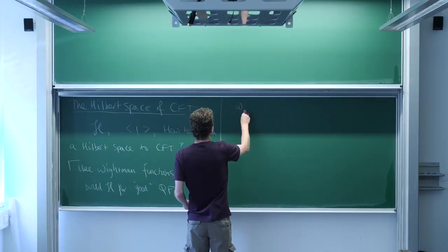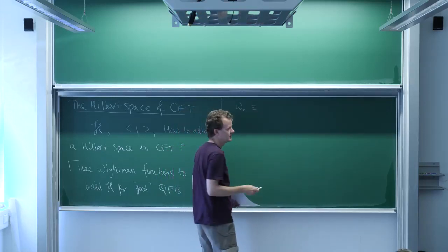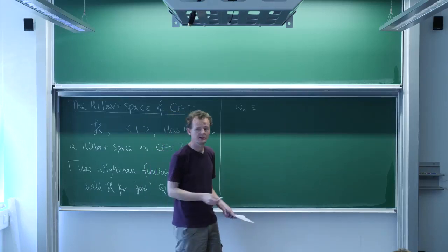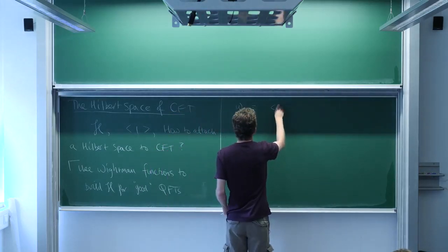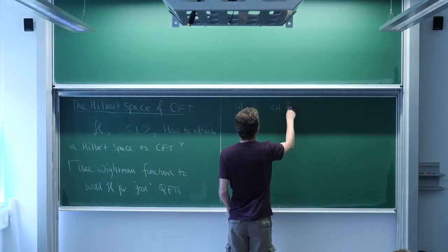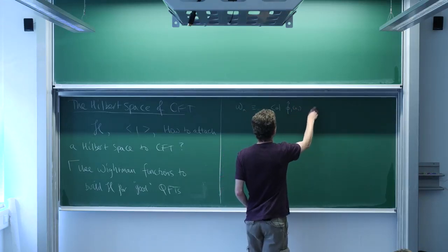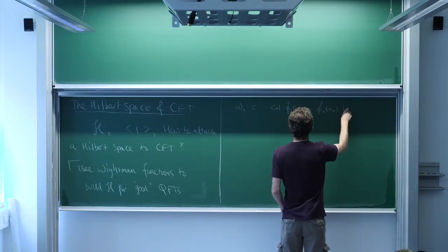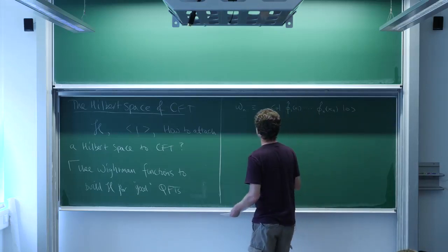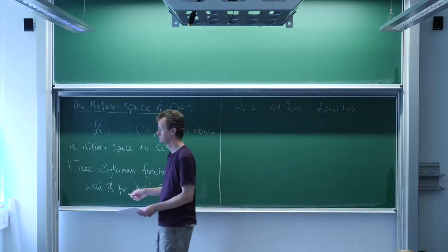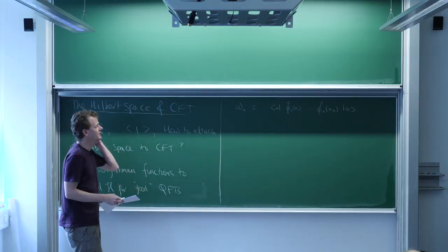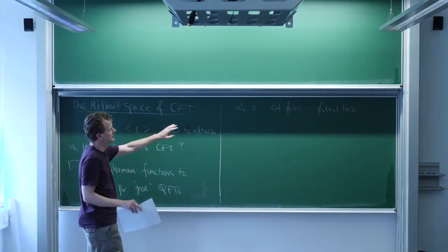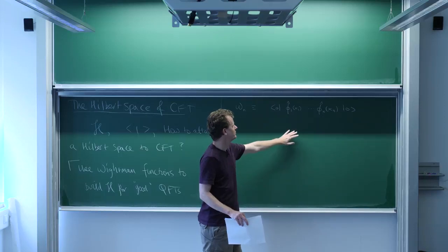So these Wightman functionals, they're none other than just n-point correlation functions, and we use these to build an inner product space.